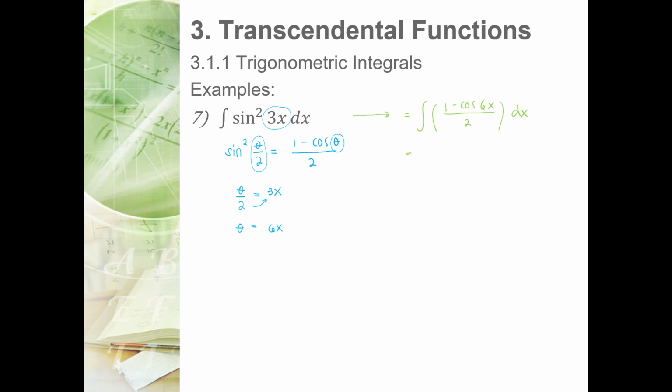Again, you may create two different integrals for this one. So 1/2 minus cosine 6x over 2 dx. This gives us two different integrals: 1/2 dx, which is a slight shortcut, and then 1/2 integral of cosine 6x dx.